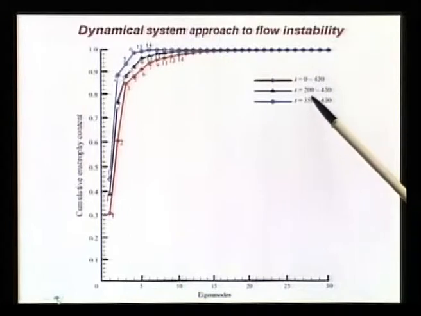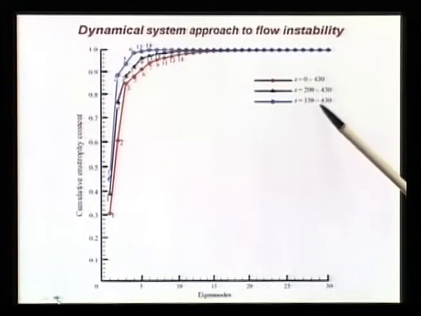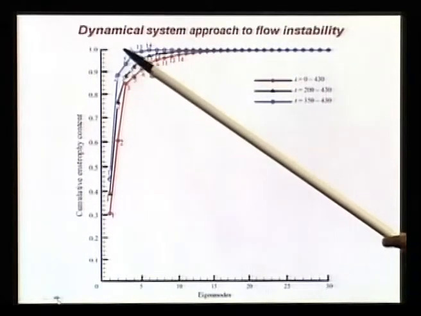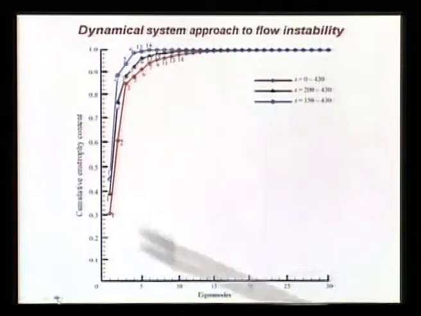When I take the full data set, it approaches there requiring more and more modes. Whereas if you look at the pure equilibrium state, where we have taken from 350 to 430, then you see we reached that 99% within the first 6 modes only. Okay.